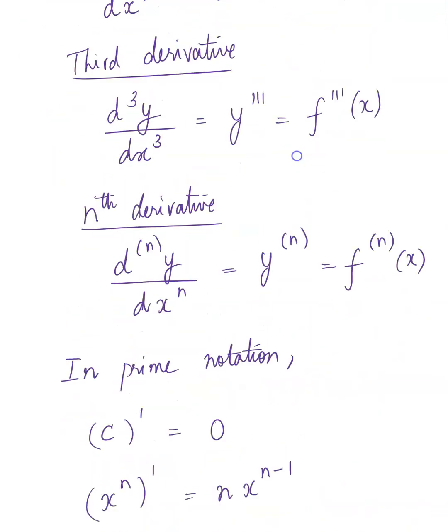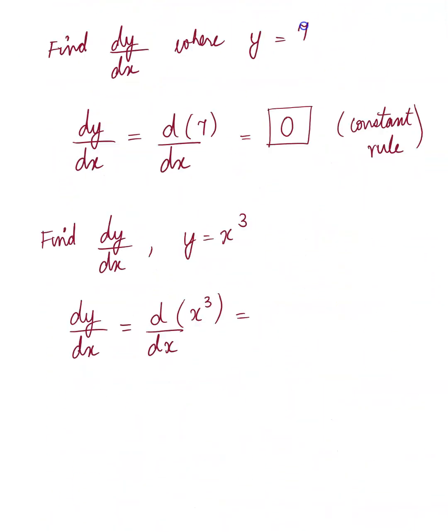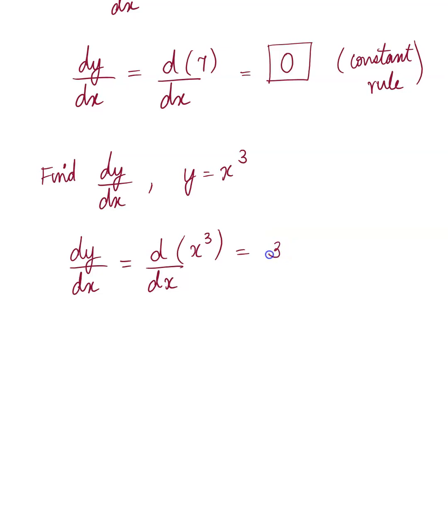So the power times x power 1 less than the power. So that's going to be 3, the power, times x power 3 minus 1, which comes out to be 3x squared. And this is our power rule.